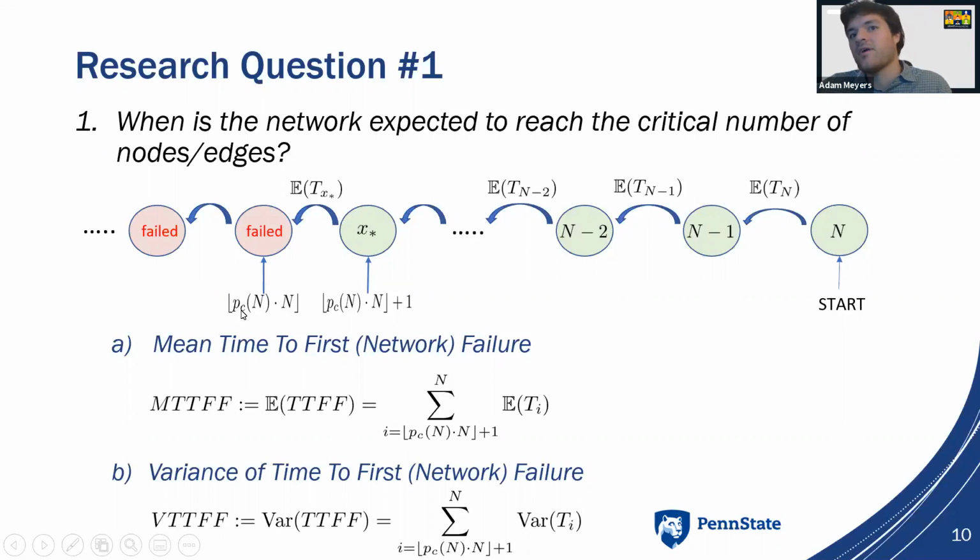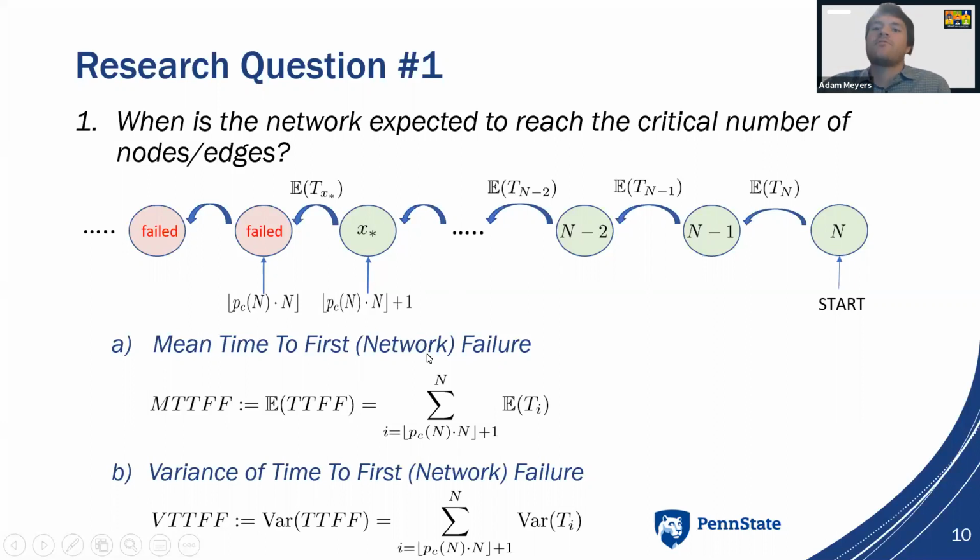This is based off of PCN, the finite percolation threshold, times n, take the floor, that gives us an integer. Remember the states of our Markov chain are integers. So whenever we reach this number of active nodes, then the network is considered failed. If we have any number above that, so +1 and above, then the network's considered up and running.